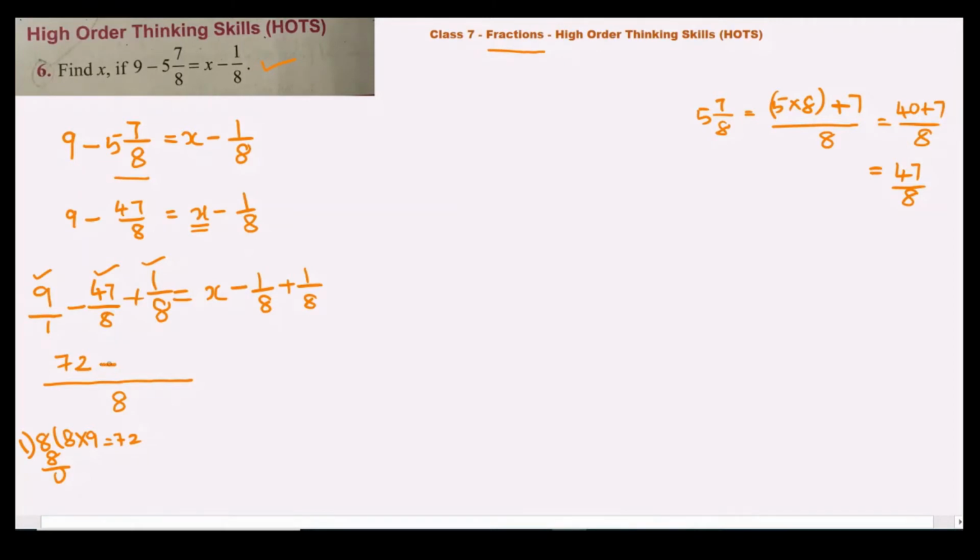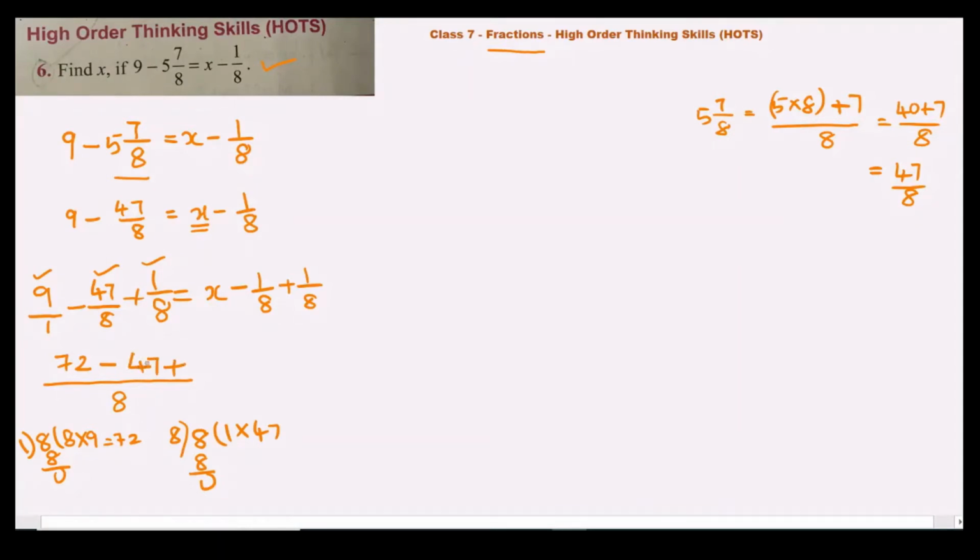Now minus, again this denominator 8 divided by this 8, that is 8 ones 8, that is equal to 1 into this numerator 47, that is equal to 47 here.